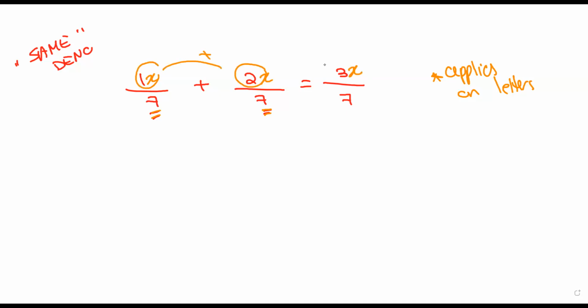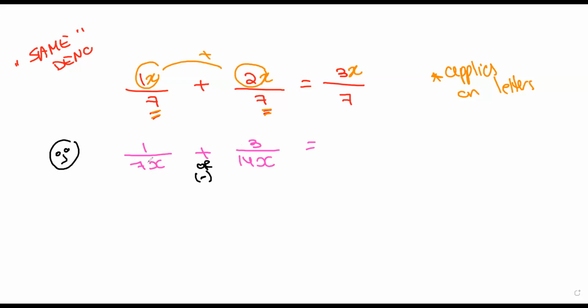Now, what if I have this case, for example, 1 over 7x plus or minus 3 over 14x? If you look at this example, you'll find that the denominators are not the same. And as we said, if we're going to add or subtract, you have to make sure that the denominators are the same.